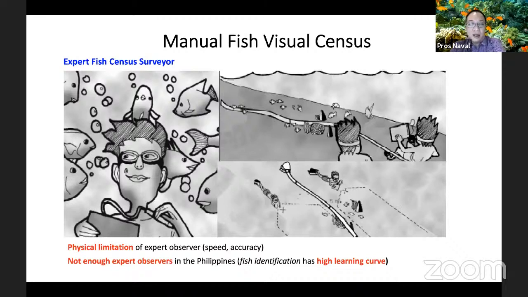So the diver is busy writing the values, the names of the different species on the slate.